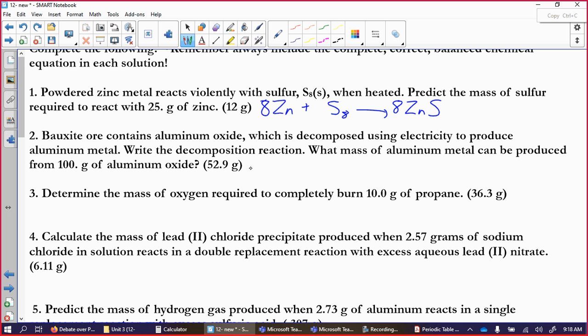Bauxite ore contains aluminum oxide, decomposed using electricity to get aluminum and oxygen. I'm going to need a 2, a 4, and a 3 there. Determine the mass of oxygen to completely burn propane.